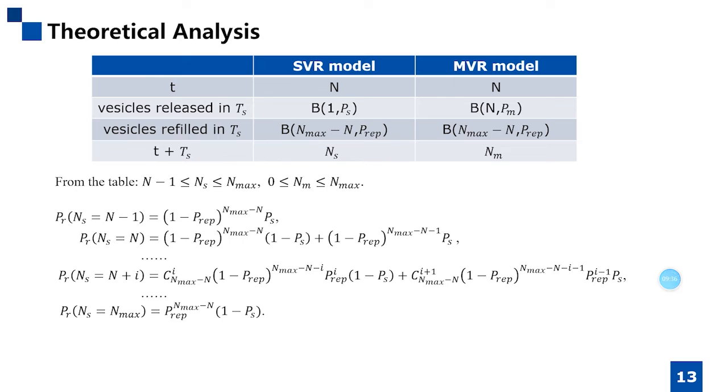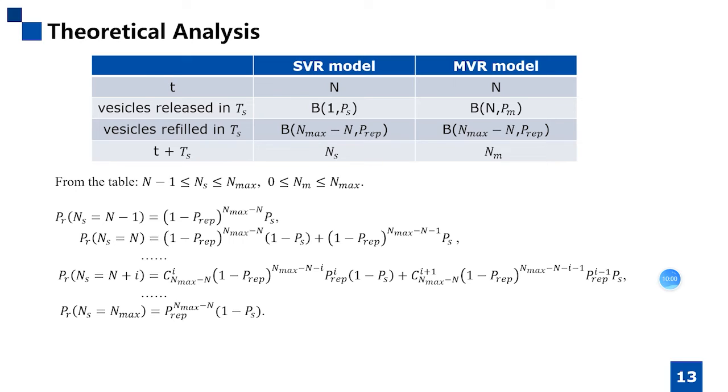We assume that there are N vesicles in the RP for the two models at time t. In a symbol period, the number of vesicles released and recovered for the two models is shown in the table.